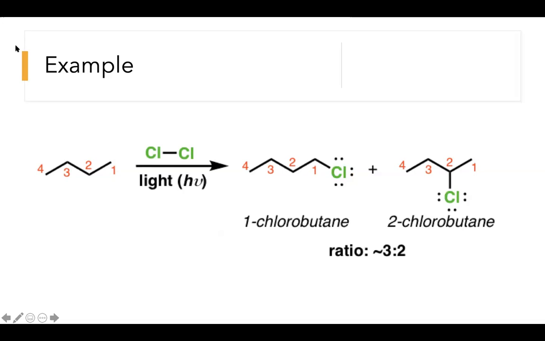And basically, this ratio reflects the expected pattern if our substitution of hydrogen by chlorine was random. So if we just substituted any of the hydrogens at random with the chlorine, our ratio for which product it will be is a 3:2 ratio.